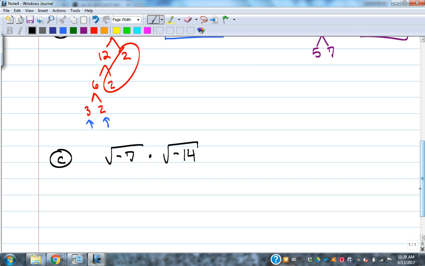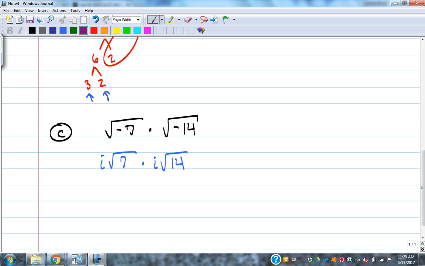You don't want to multiply that together first because the negatives on the inside create a problem. So what you want to do is say, okay, that's i radical 7 times i radical 14. That's what you want to do as a first step when you're multiplying. If there are no negatives in the radical, then don't worry about that. You just multiply.